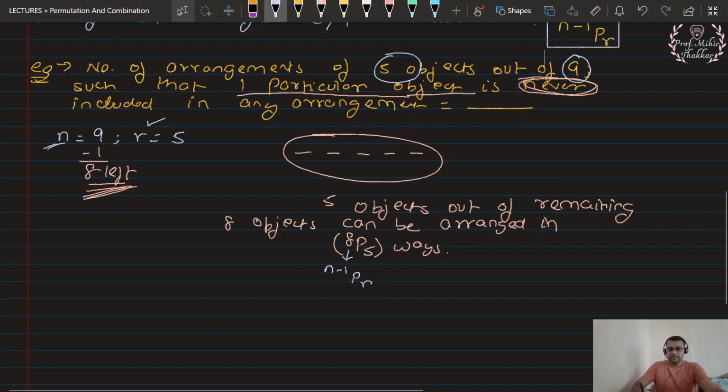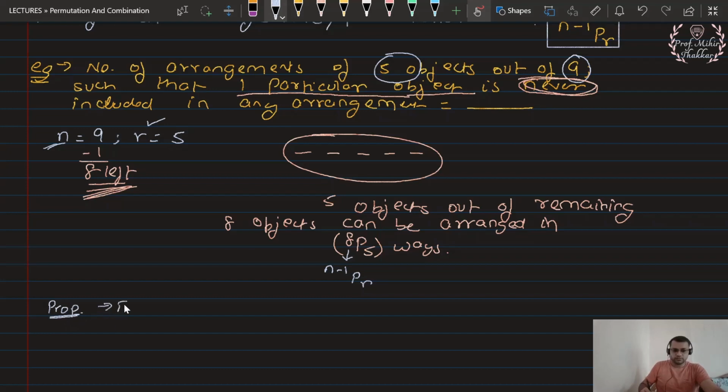Now, there is a very important property that you have to remember for the MCQ. You won't be asked any numerical question based on this, I guess, but you should know the property by heart, in order to select the proper answer for the MCQs. The property is very simple.